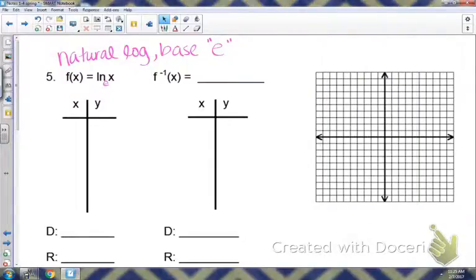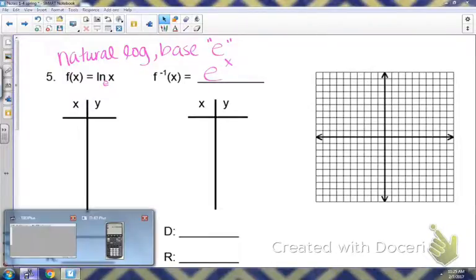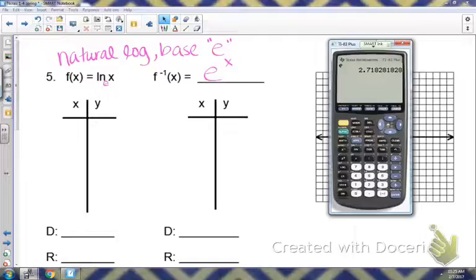All right, so if the base of our natural log is E, that means the base of our exponential will be E to the x. Again, you can either type in the log one or the exponential one on this one, because you can type in a natural log. That button, if you wanted to use that one, is just ln, which is right below the log button, and then you would type in x.